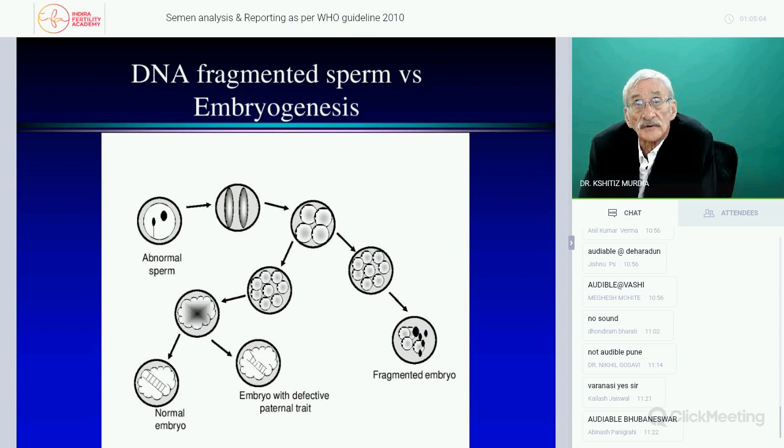Or it can go further and form a blastocyst, and you can even have an embryo that is apparently normal, and then this embryo can develop, but it has the same problem as the original sperm that was there. So this is an abortion or a miscarriage rather for this type of sperm.